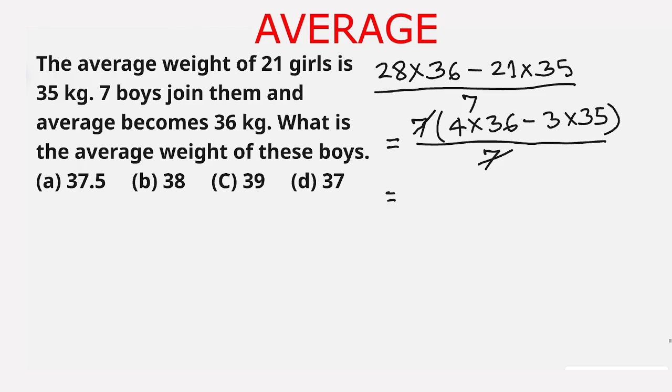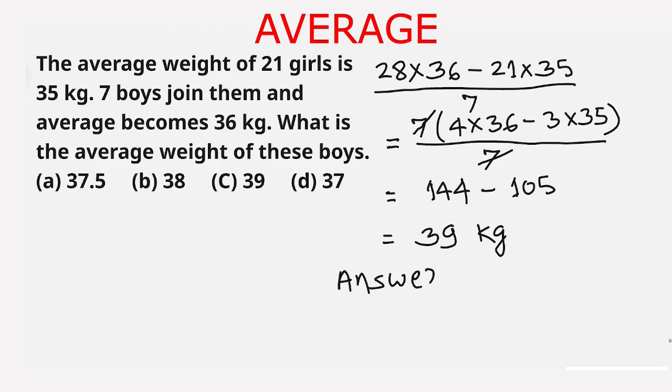And this is equal to 4 times 36 is 144, minus 3 times 35 is 105, and 144 minus 105 is 39. So it is 39 kg. This gives the average weight of 7 boys, and from the given options our answer is option C, 39 kg.